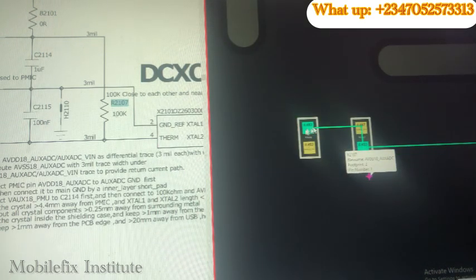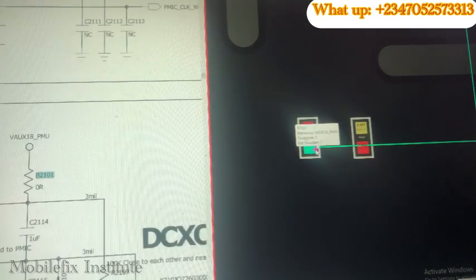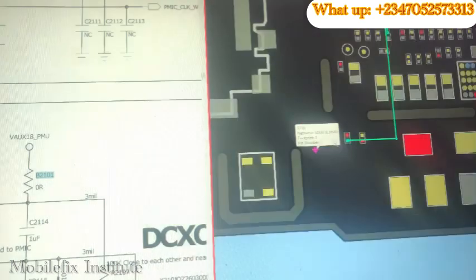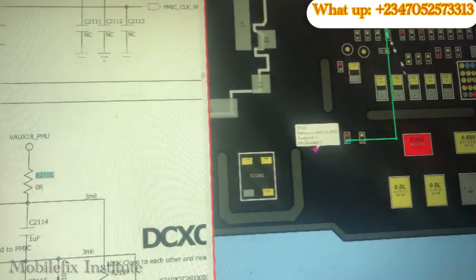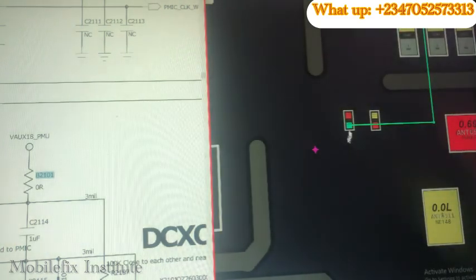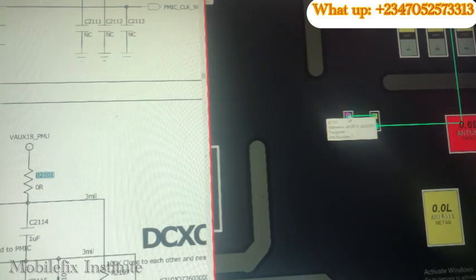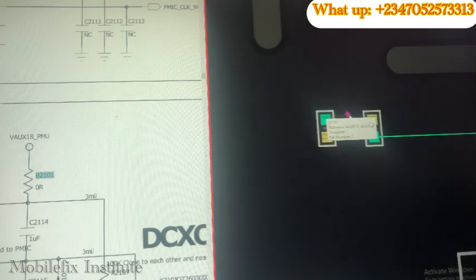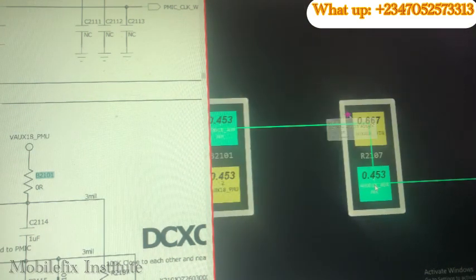Now our R2 is inside our crystal. You will not see this inside our crystal. So now there's going to be a divider circuit on that line. When you check on this side, this is the 0 ohm resistor. The second resistor is our R1, which is our 100k resistor.